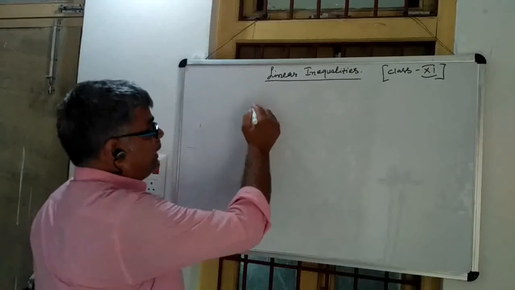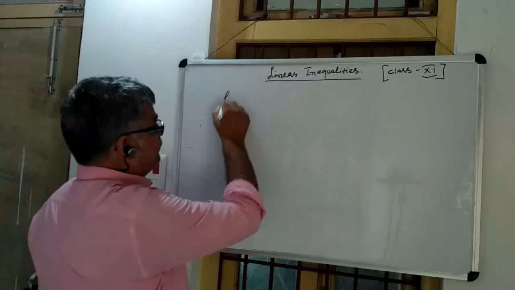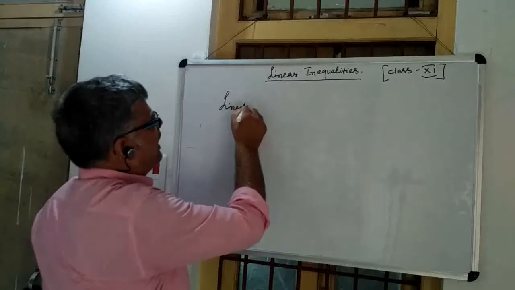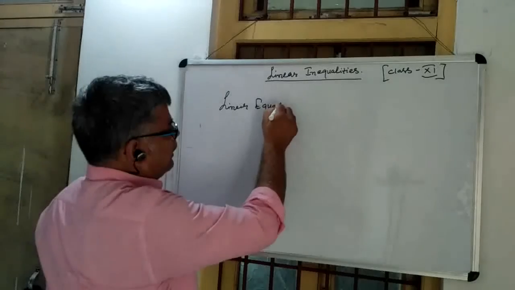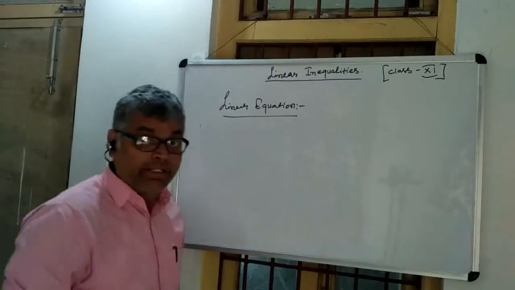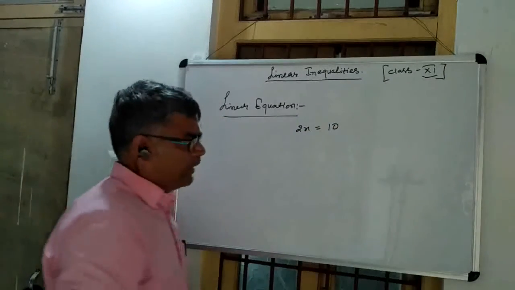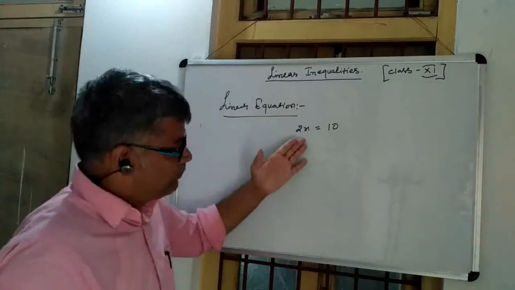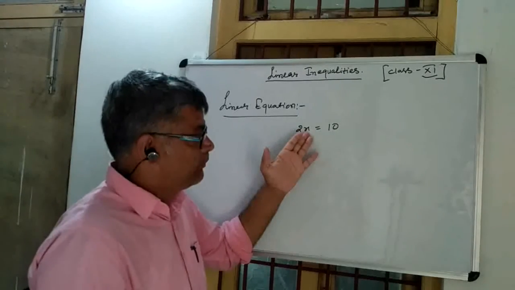As you have read in your previous class 10 linear equations. Take an example of an equation, that is 2x equals to 10. This is a linear equation because the degree of the variable is 1.